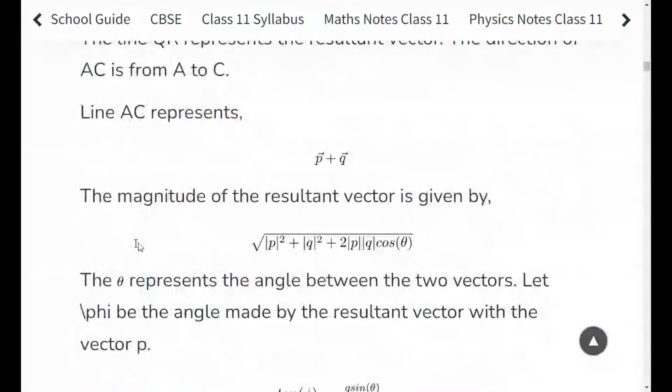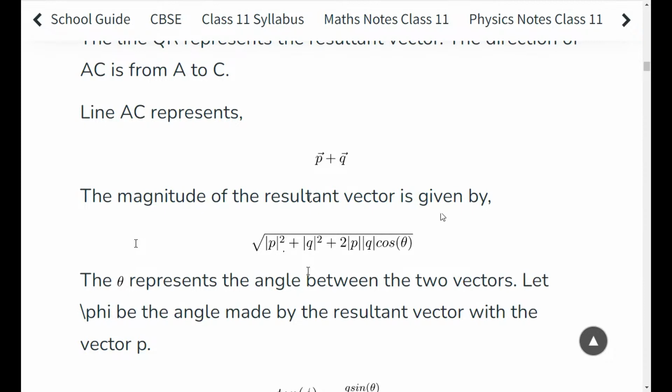The magnitude of the resultant vector is given by this formula.